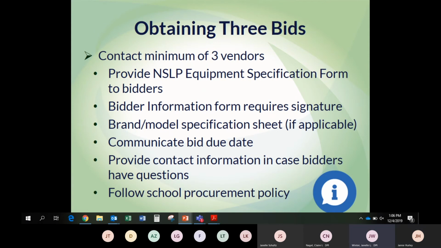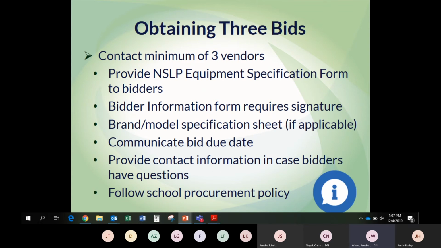And then the other thing to keep in mind is that schools have procurement policies. You should have a procurement manual, and most of those procurement manuals do speak to obtaining bids or your capital purchases. You need to make sure you review your procurement manual to ensure that you're following the guidance or your standards for your school of doing a capital purchase.